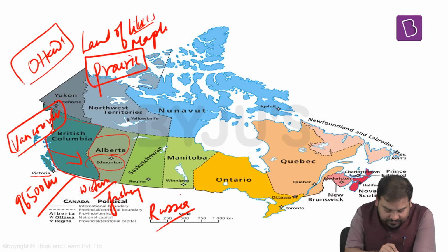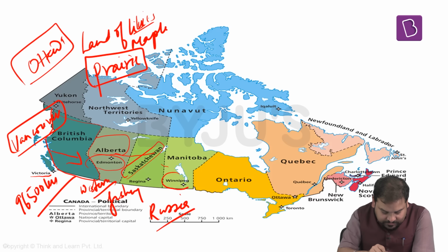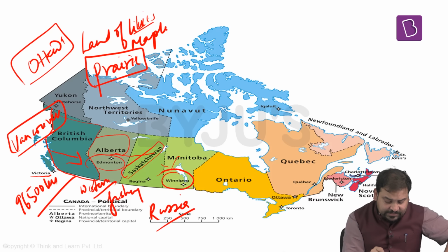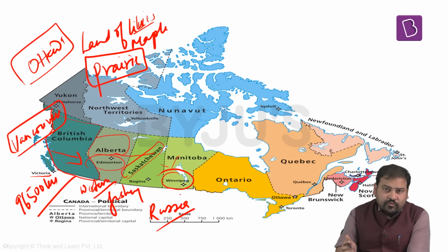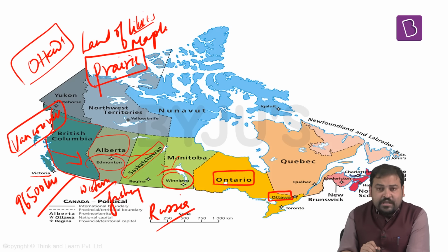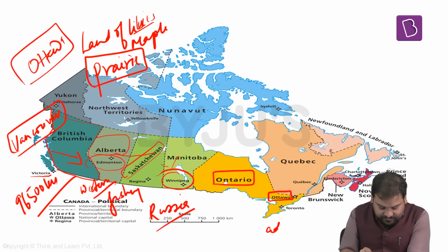If we move further east, I'm leaving this particular state and moving to Manitoba, with its capital at Winnipeg, one of the biggest centers of wheat in the entire world. Further moving east, I come to the state of Ontario, which has the capital of Canada, Ottawa. It is the administrative capital of Canada.